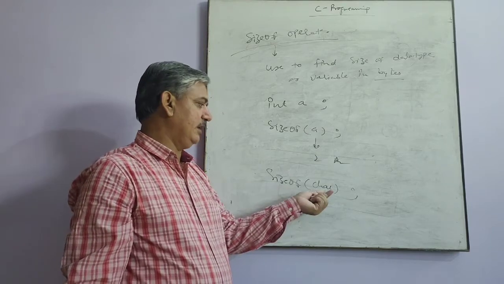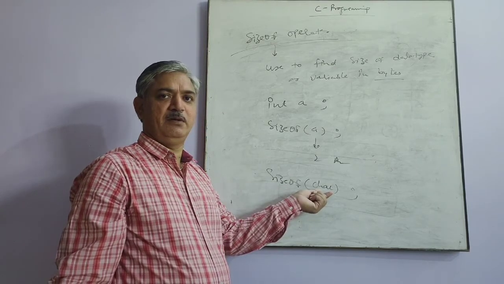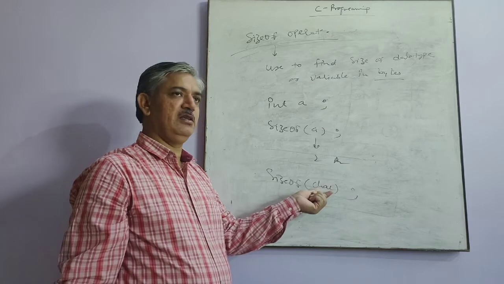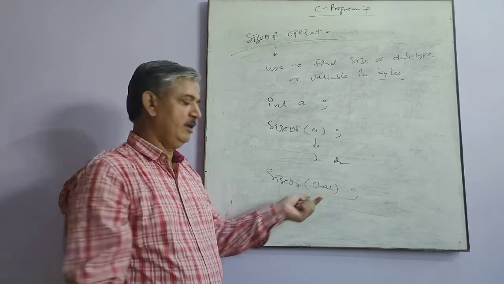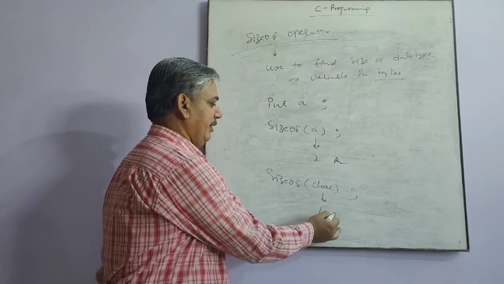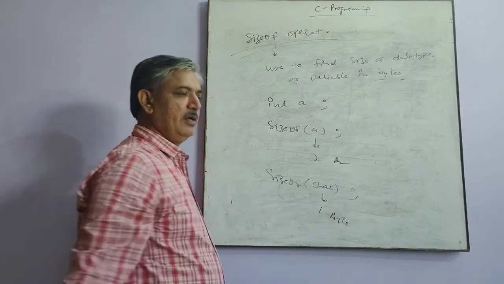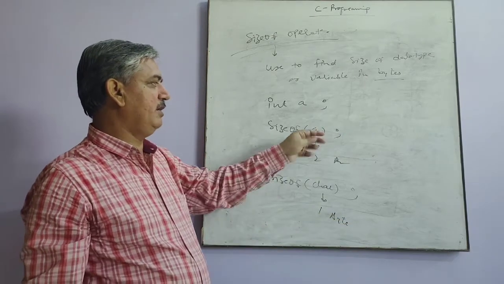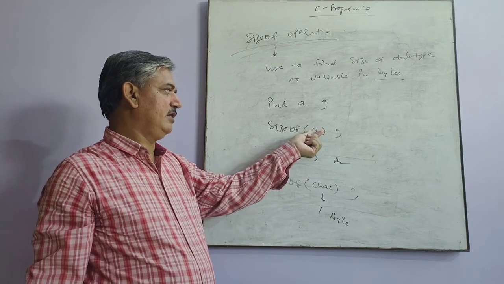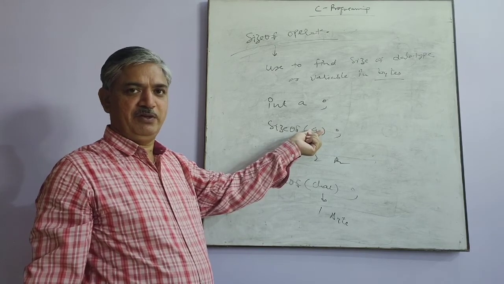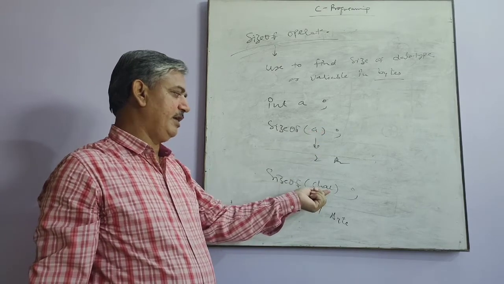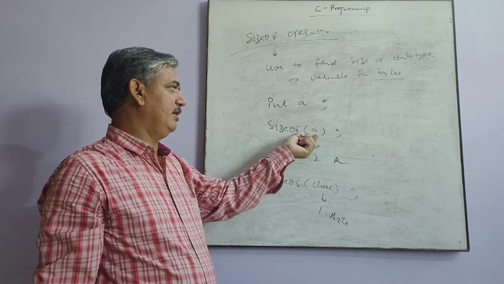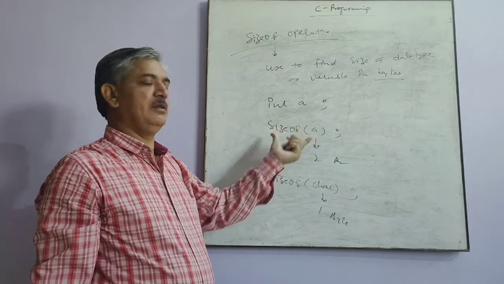In general the size of the character data type is 1 byte. So we will get 1 byte. Okay. So for the sizeof operator, here we can write the variable or directly a data type, and this gives the size in bytes.